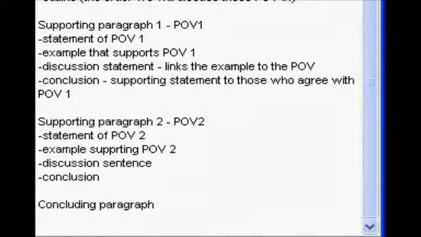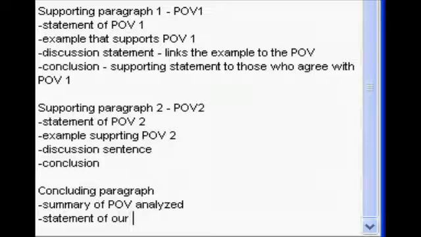So now if we come down to a concluding paragraph, now the concluding paragraph is made up of 3 sentences, which, if you recall, is the same as the concluding paragraph for the argument essay. The first one is a summary of points of view analyzed. So the points of view we looked at: point of view number 1 that supports McDonald's, point of view number 2 that doesn't support McDonald's. This is a sentence that sort of summarizes those 2 areas that we looked at.